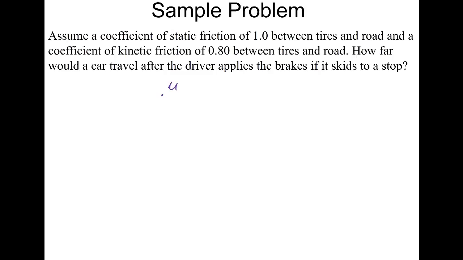So now we have mu kinetic is 0.80, mu static was 1.0, and now what the car is going to be doing is it'll have normal force, gravity, and kinetic friction, even though its velocity is in the positive direction. So how far would it travel?